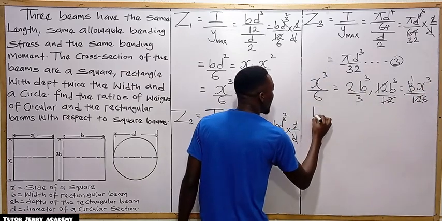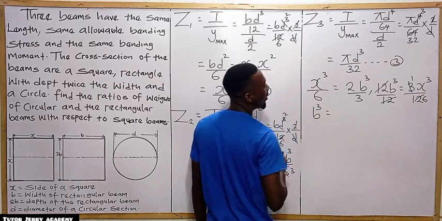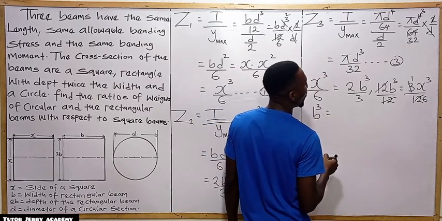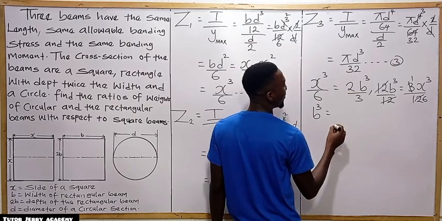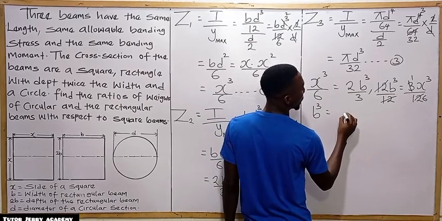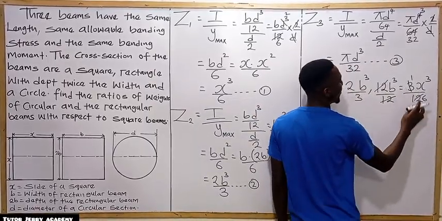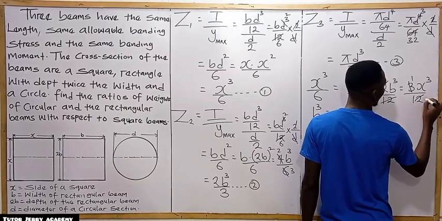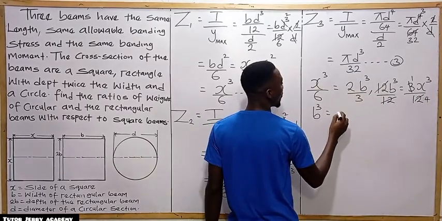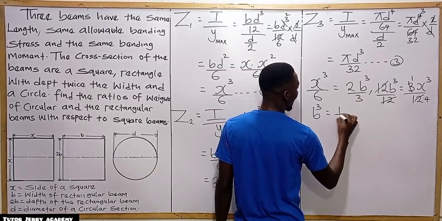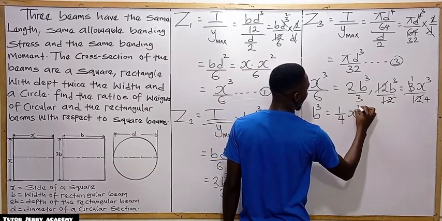So it shows that b to the power of 3 will be equal to 1 over 4 s cubed.